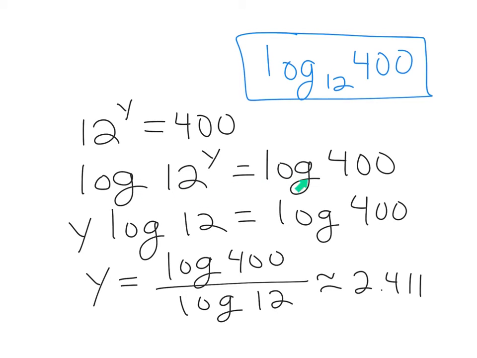Because now we can use our calculator. Take the y out front because of the property of powers. Divide everything by log 12. And now we have a fraction that we can deal with on most any scientific calculator. And the answer is around 2.411. This is called changing of the base in order to evaluate the log.